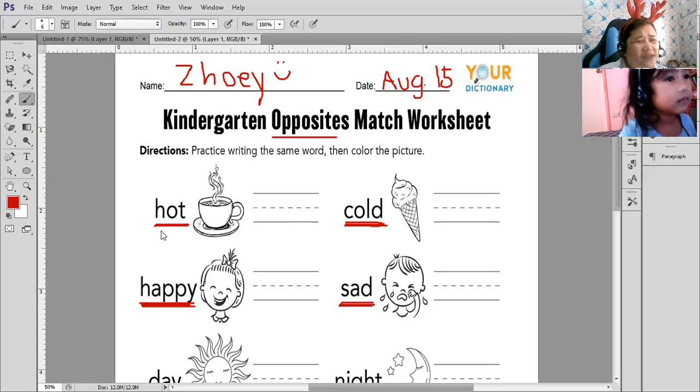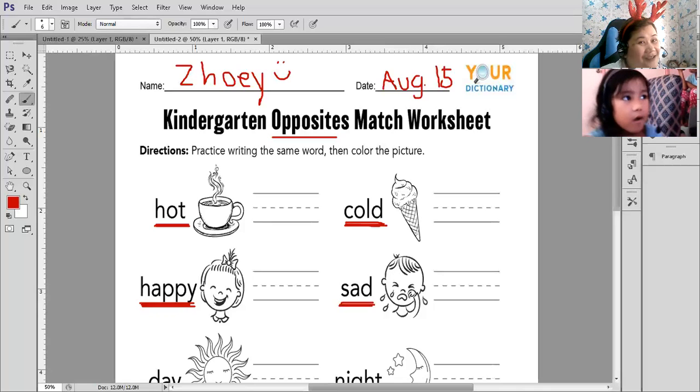So what is opposite to hot? Cold. What is opposite to cold? Ano yung kabaliktaran ng cold? Hot.